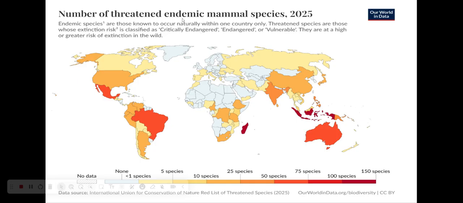Again, this is only endemic mammal species, only found in this part of the world. Every single country around the world, for the most part, has endangered or critically endangered species. This is only endemic ones, meaning that these species are only found in that part of the world.